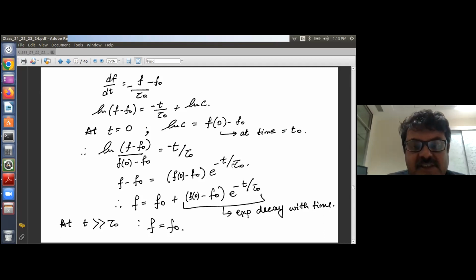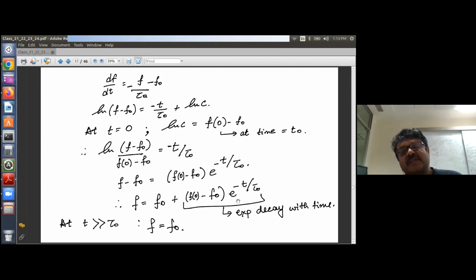Now, what does that mean? At time t equal to 0, suppose there was a difference between the distribution function and the equilibrium distribution function, and this difference was this quantity. Then, at time t, the distribution function would become f0 plus this quantity.